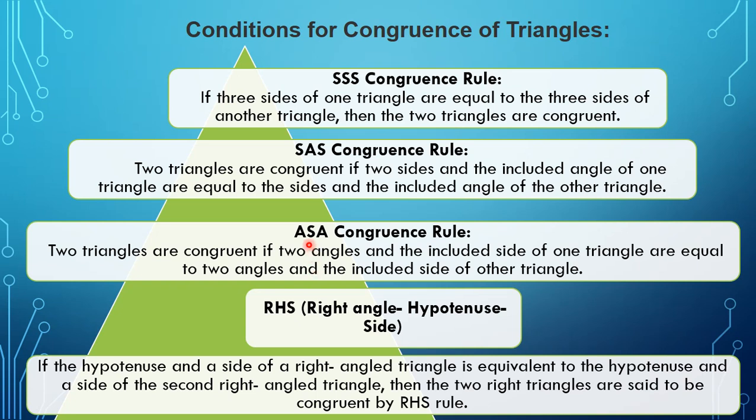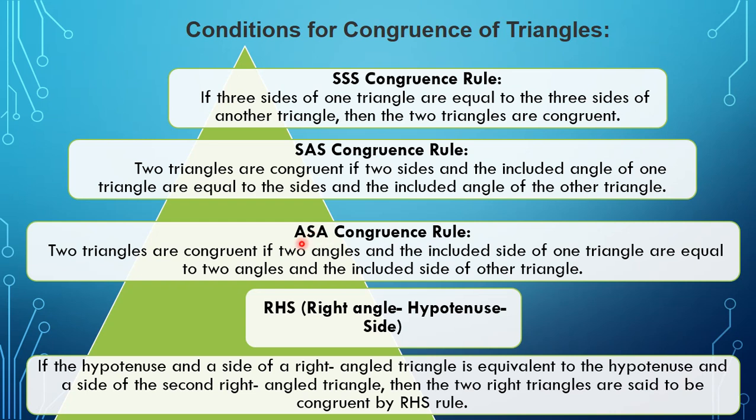The third condition is the ASA congruence rule, that is angle side angle. Two triangles are congruent if two angles and the included side of one triangle are equal to two angles and the included side of the other triangle. The side which lies between these two angles is known as the included side.